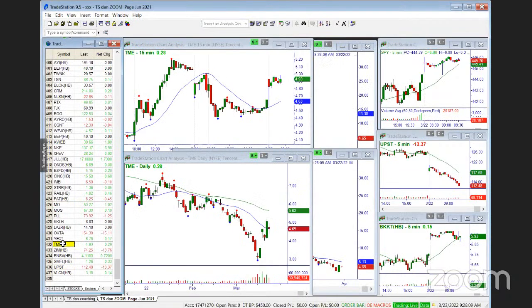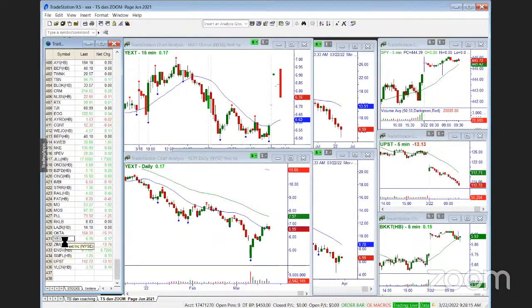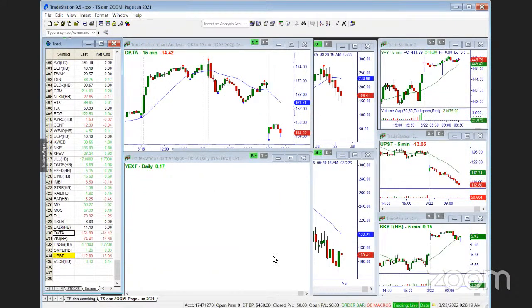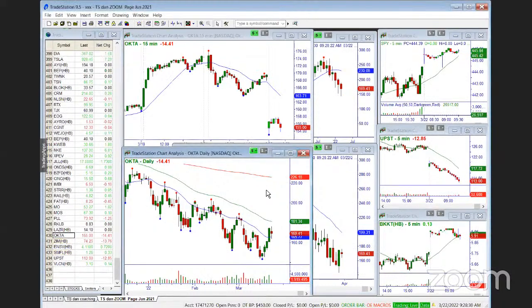TME had earnings, but no pattern. Yext, I think a secondary offering of some sort, I don't know, but no pattern, bullish. Okta is another bearish gap, similar to Upstart. It's a sell setup and a bearish gap, but that one had wider spreads. Let's keep an eye on that for a 30-minute low and also a call spread.